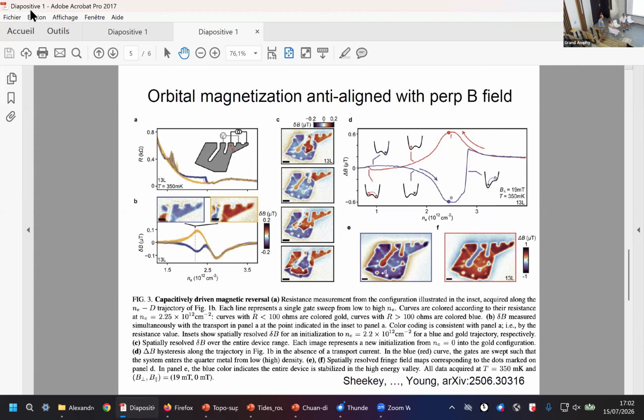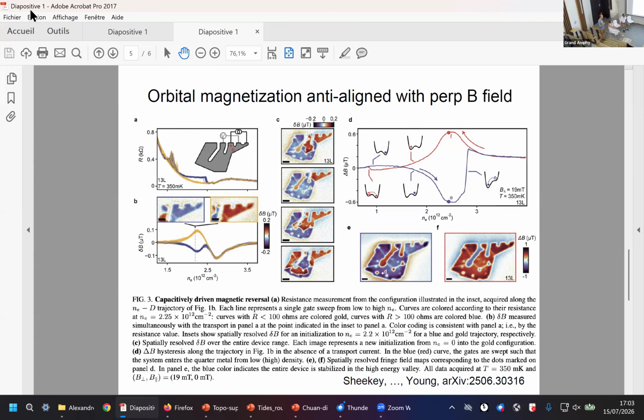You need to know what is tricky. I'm not sure I understand why. You need to align with one of the hBN, and then if you do that, apparently you have nice quantization of the Hall effect in the normal phase. In the normal case, yeah. Even without magnetic field.